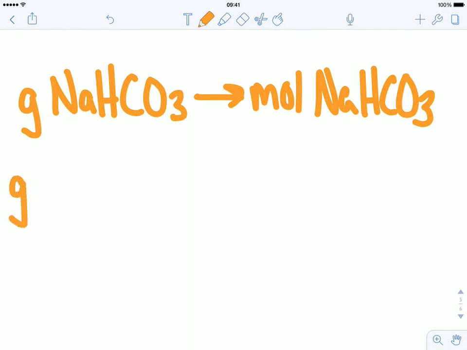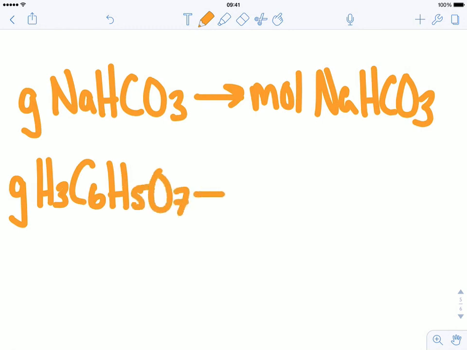We're going to take grams of the citric acid, which is H3C6H5O7, and the first step, if we ultimately want to turn it into moles of sodium bicarbonate, before we can do that, we have to turn it into moles of citric acid. So we have to go from grams of citric acid to moles of citric acid.